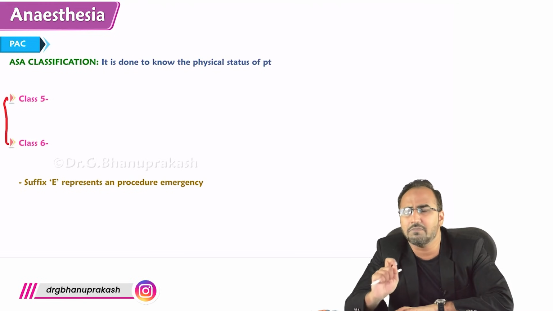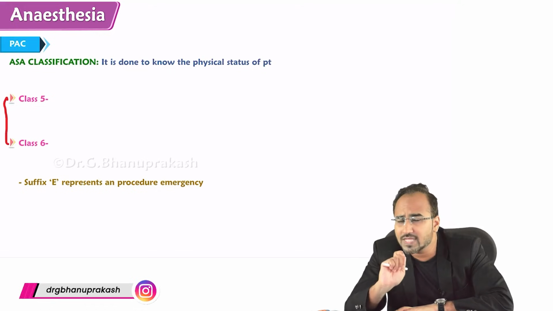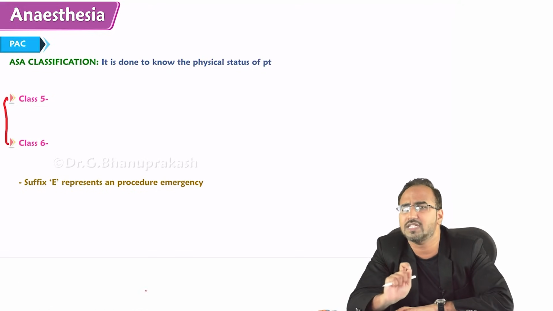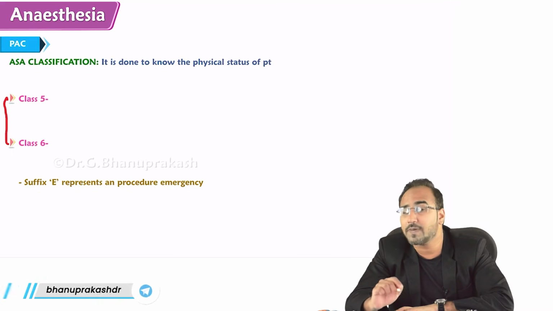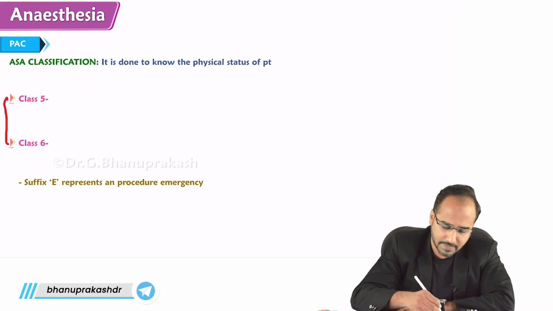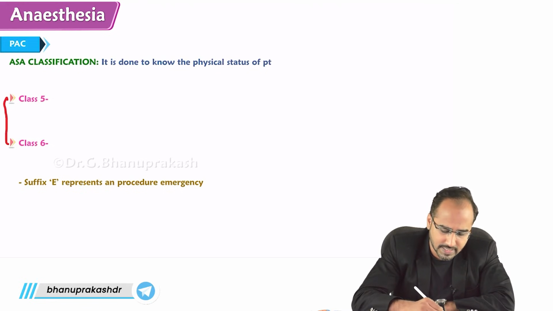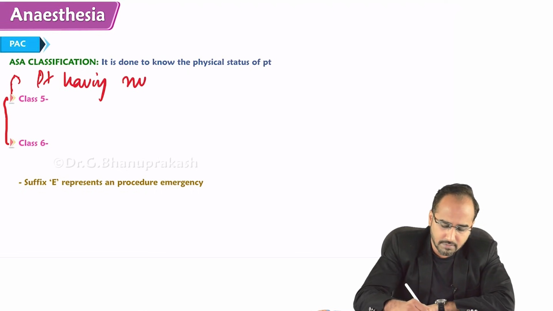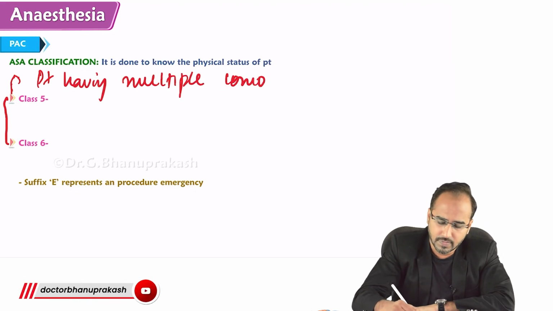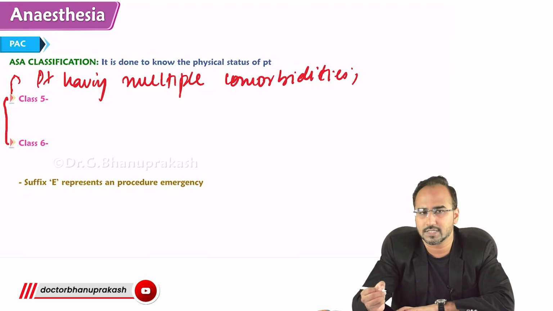That is, the patient is having multiple comorbidities. Without surgery, the chances of survival are very less. That patient comes under ASA 5. That patient is also called a moribund patient. So what is ASA 5, guys? ASA 5 means patient having multiple comorbidities, right?